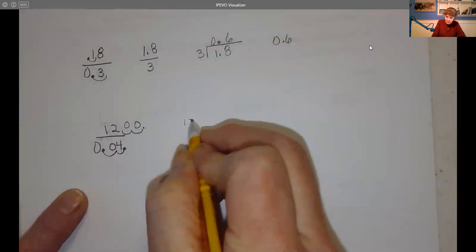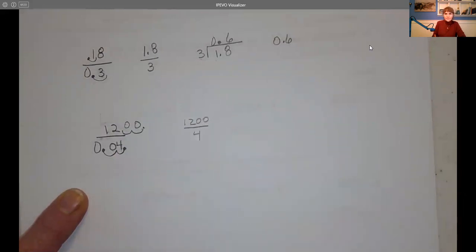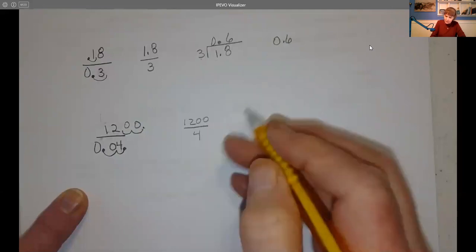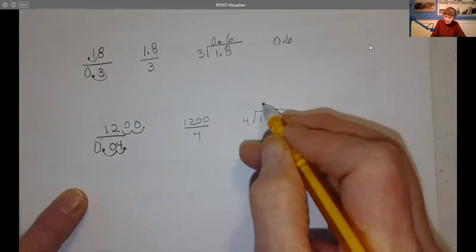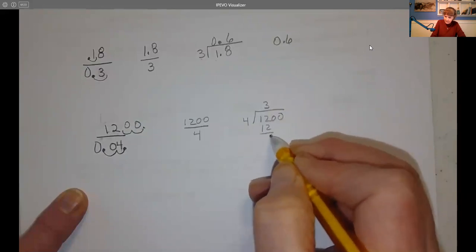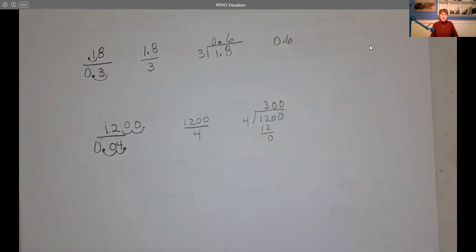So you end up with 1200 divided by 4. 4 goes into 1200 3 times, and you get 0, 0, so 300. So I guess you can make them easier if you don't have a calculator, or you get into a math class where you can't use a calculator. You can make them a little bit simpler.